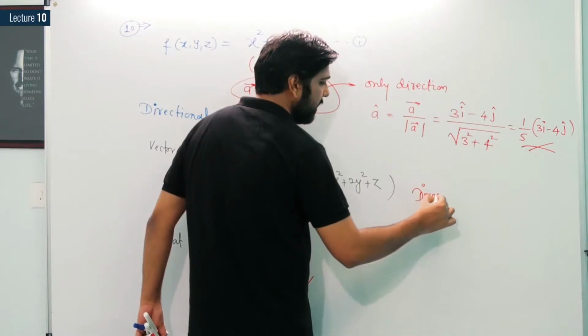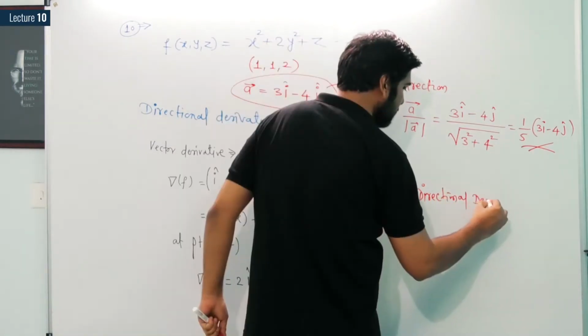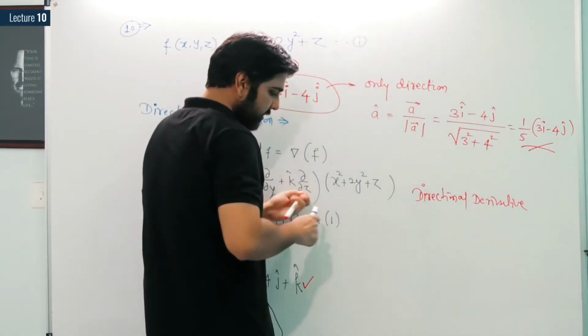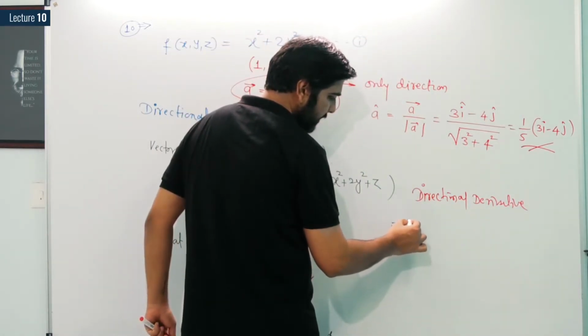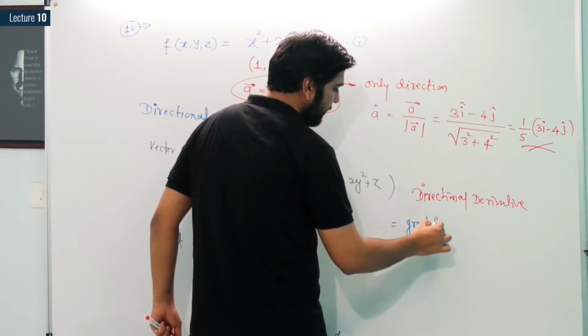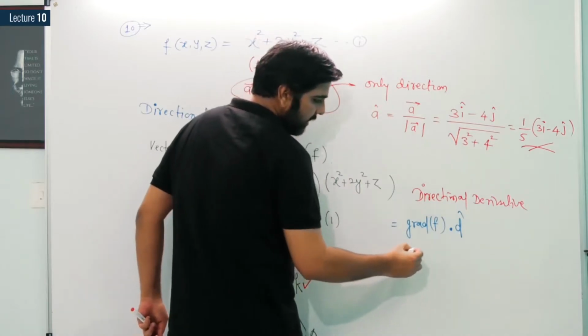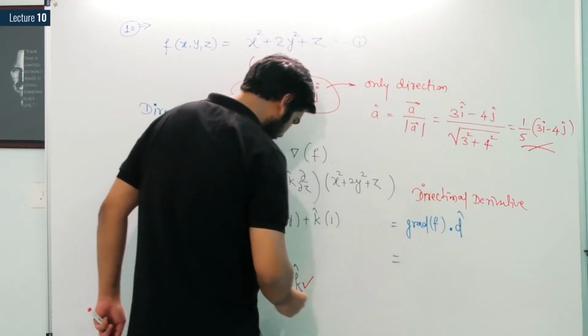So I am writing here the directional derivative. The directional derivative is nothing but the gradient of f dot d cap. Here d is a. Fine.